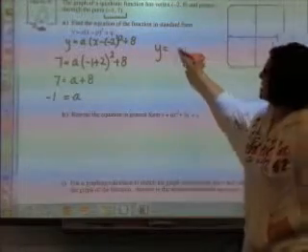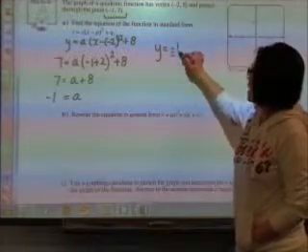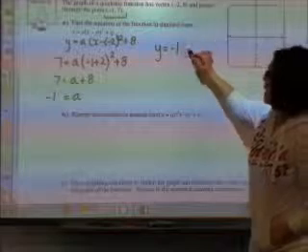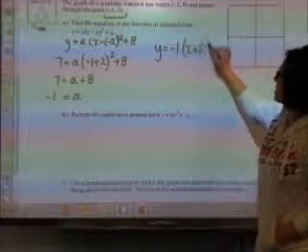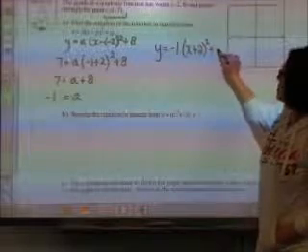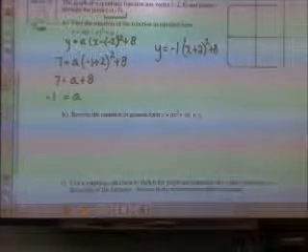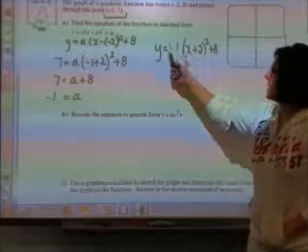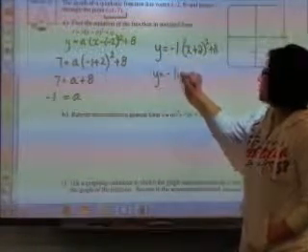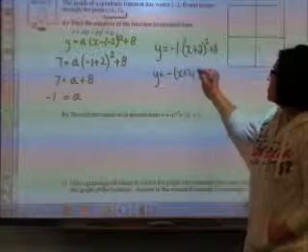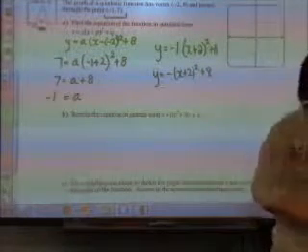Y equals, instead of A, I can put -1 times (x minus -2), which becomes (x plus 2) squared, plus 8. And I don't necessarily need the 1 here. I could just write it as negative bracket x plus 2 squared plus 8.